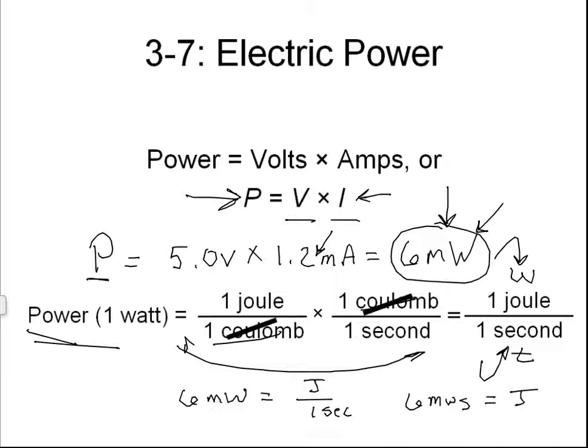So I basically have 6 joules. Well, pardon me, 6 millijoules. So power is then going to equal 6 millijoules of work being done by my little single resistor circuit.